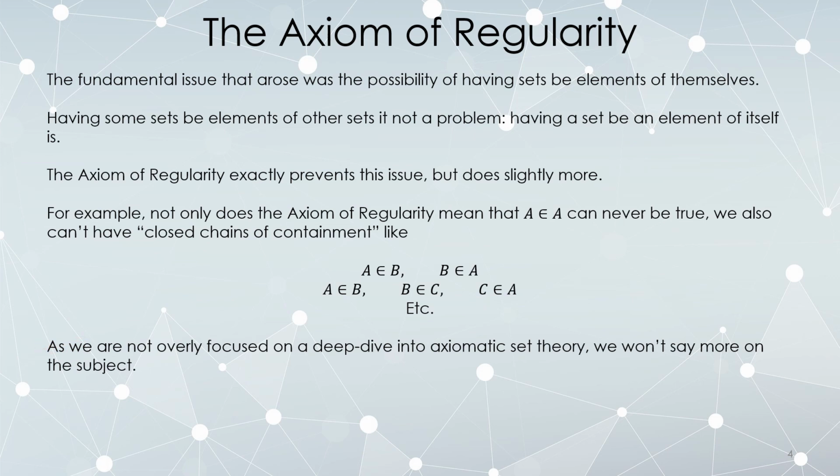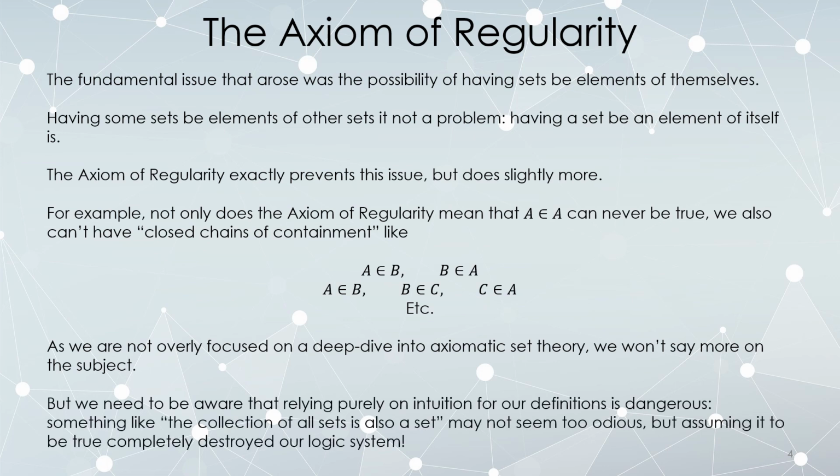The point here is just, Russell's paradox showed that intuitively assuming, oh, let's just talk about the set of all sets, led us to some very bad places. So relying purely on intuition for definitions can be very dangerous. Just because something seems reasonable enough, oh, the set of all sets, sure, I can say it, so it must exist.